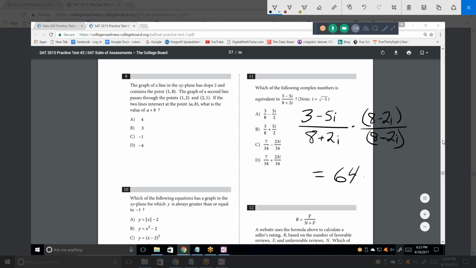So it really gives 64 minus 4i squared. What is that number? Positive 4, so 68. That's the denominator. Now let's get the numerator.